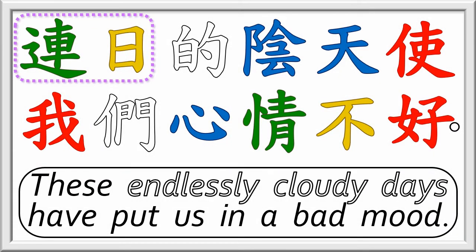Another phrase is 连日, meaning many days in succession, for several days running, or day after day. 连日的阴天使我们心情不好. These endlessly cloudy days have put us in a bad mood.